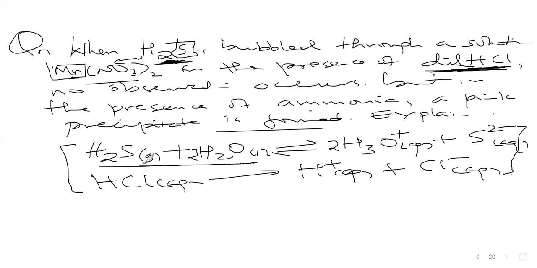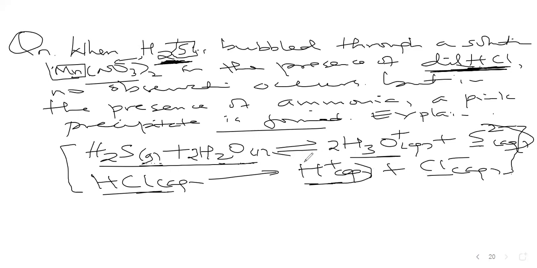Don't just say it's a weak electrolyte, because it is a gas, you must add the words in solution. Partially ionizing to give us hydrogen ions and very few sulfide ions. Hydrochloric acid is a strong electrolyte, completely ionizing to give us very many hydrogen ions and chloride ions.